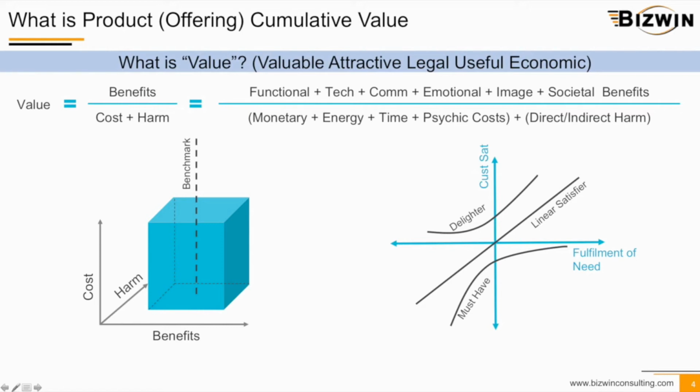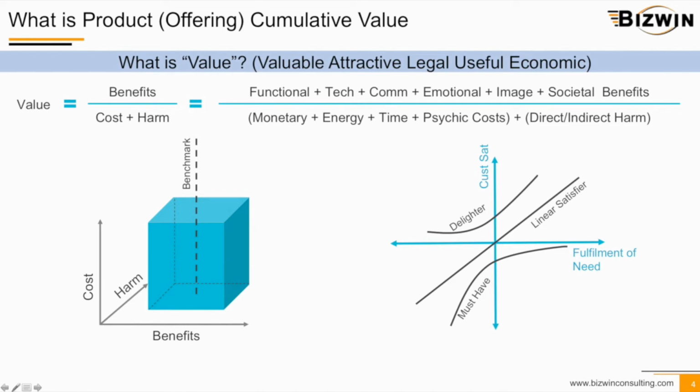So when you are designing the value for your product, solution or service, and you are considering each and every element in terms of features, functionality, service and support, you have to consider it from two aspects. One is the fulfillment of the need and the other is the customer satisfaction. It will be a combination of three categories of elements.